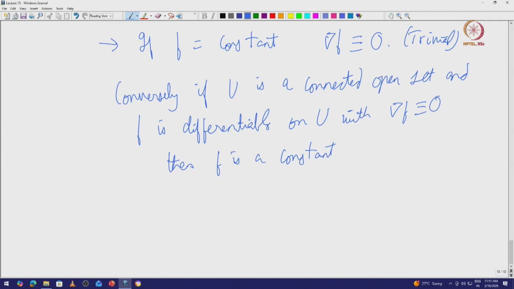Recall that without the assumption of connected open, this is not true even in one variable calculus. It can be different constants on different intervals.